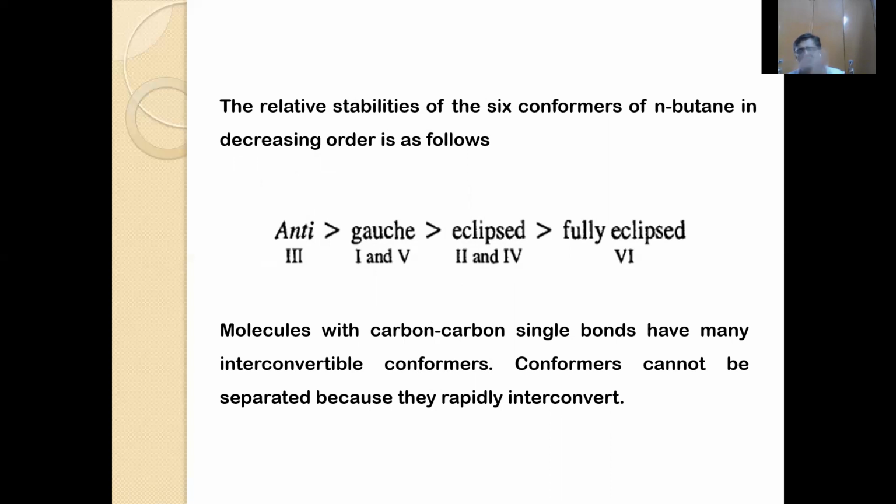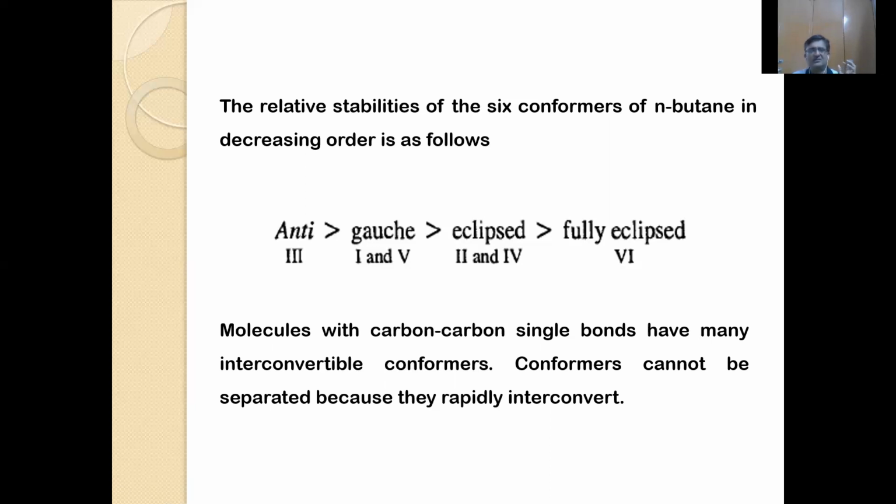The most important aspect in this particular topic is that you should remember the definition of conformational isomers, and the writing of structures of staggered and eclipsed conformations of ethane or butane. In butane, you can write the anti conformation and the fully eclipsed form.